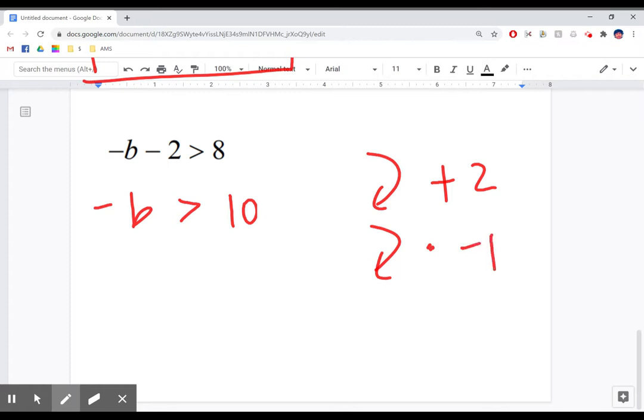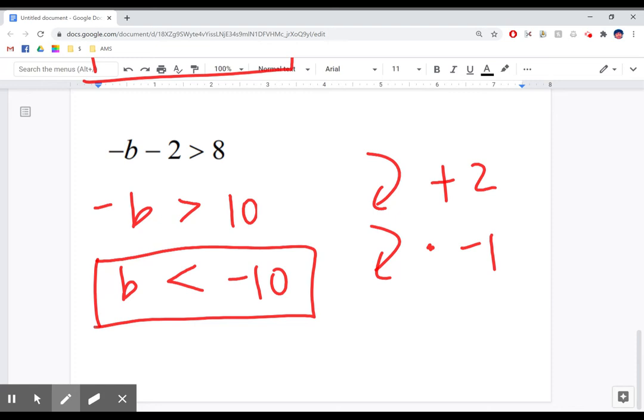It's a little bit simpler. Multiply by negative 1. That's where you get a positive b by itself and a negative 10 on the other side. And we multiply by negative, so let's apply our rule. We have to switch the direction. So instead of a greater than symbol, less than symbol. Okay, so that's what you'll see today. So get to it.